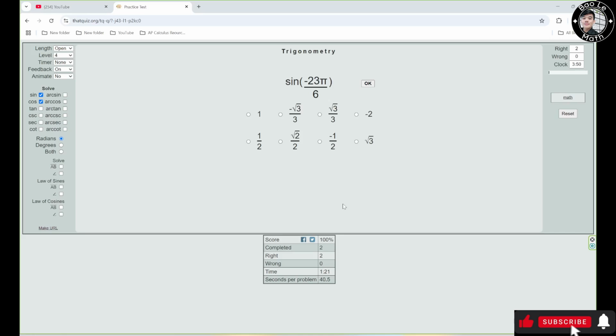So I only worry about sine of negative 11 pi over 6. Sine of negative 11 pi over 6 is the same thing as negative sine of 11 pi over 6. Sine of 11 pi over 6 equals negative 1 half. Now you have a negative of a negative, which should be positive. So the answer should be 1 half.